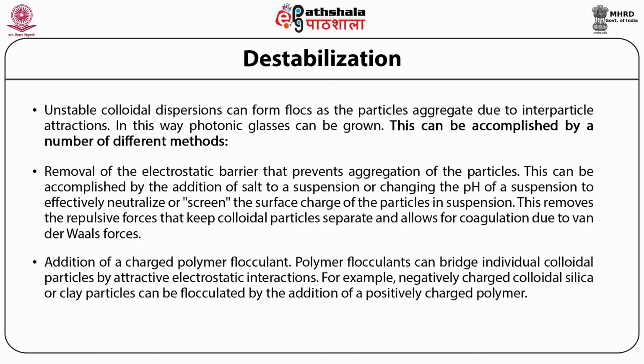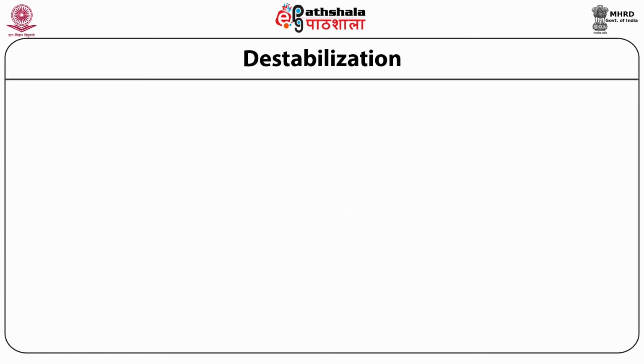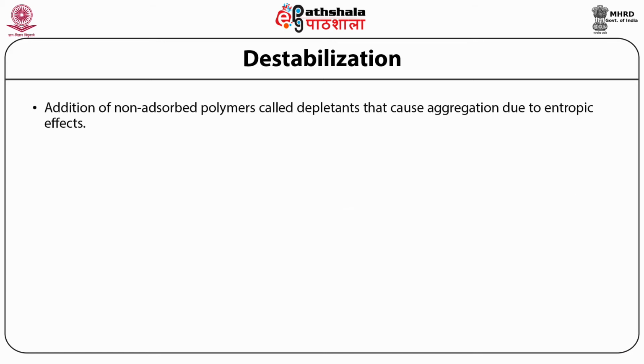For example, negatively charged colloidal silica or clay particles can be flocculated by the addition of a positively charged polymer. The next is the addition of non-adsorbed polymer called depletants that cause aggregation of the particles due to entropic effects.